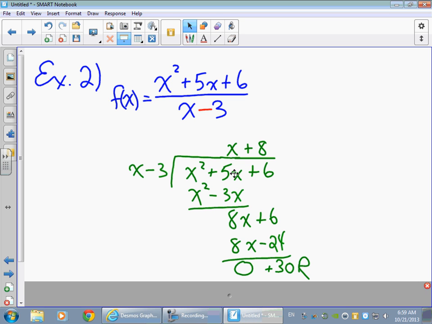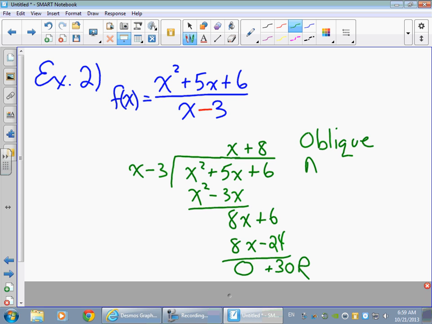Essentially, as we talked about before with end behaviors, as these numbers get huge, this divided by this is really close to x plus 8. There happens to be a very small remainder, but it's irrelevant. And so x plus 8 ends up being what we call an oblique asymptote. It's sometimes simply called a slanted asymptote as well.